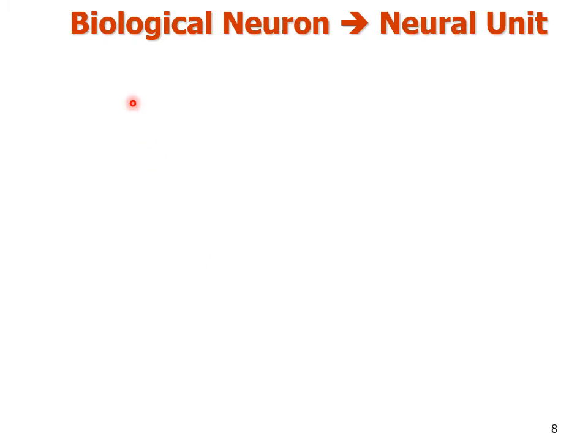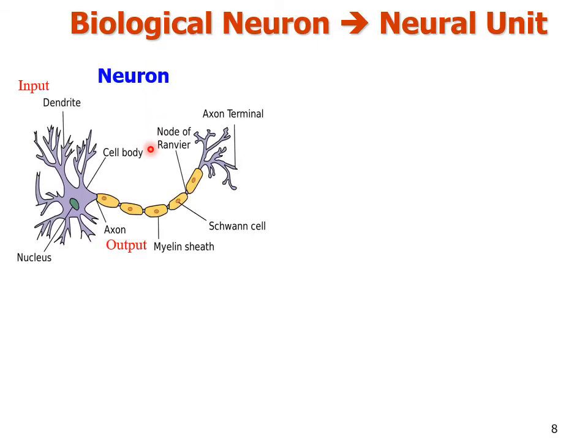Now, let us see how the structure of the neuron is simulated by a neural network unit. Let us see once again. Towards the left, we have a representation of a biological neuron. We have dendrites, which work as inputs, so they receive signals from other neurons.